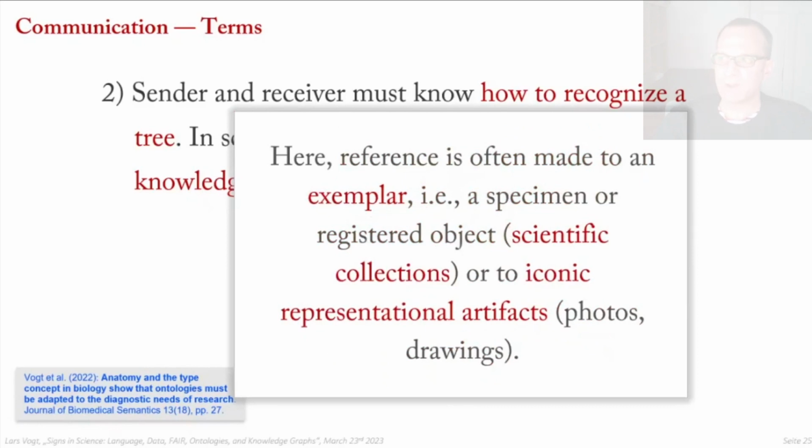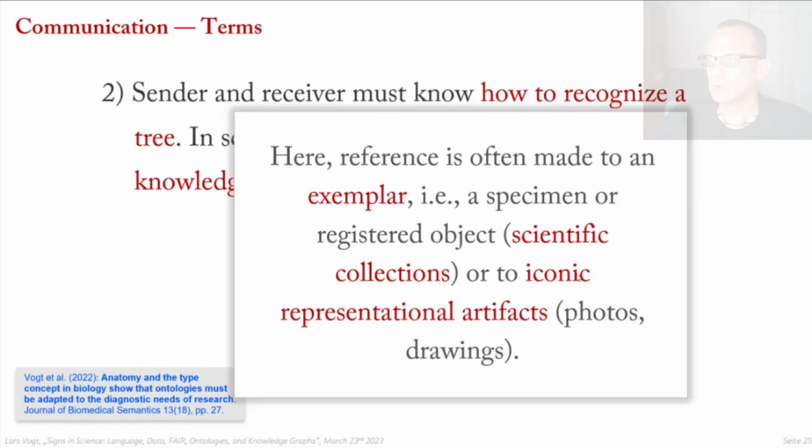And the reference is often made to an exemplar. So we see that we have these scientific collections. They serve exactly that purpose. So if I found a new species, I would collect it and would then make it available in a scientific collection in a natural history museum, and then link a term to that exemplar.